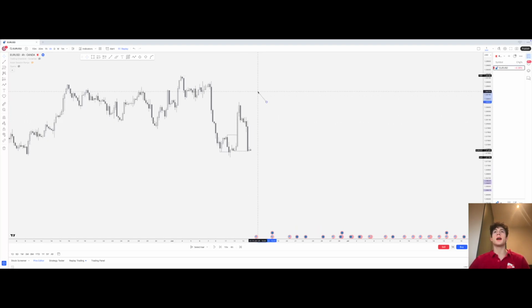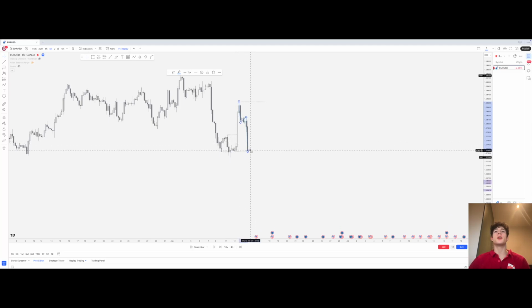So the fractal high, a lot of you might say that it's this one, but that is wrong once again. It's the same as this example. Price moves down, then it moves up, and then it moves down. And over here we break the fractal low.